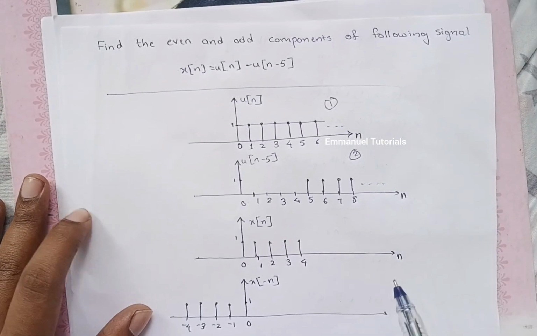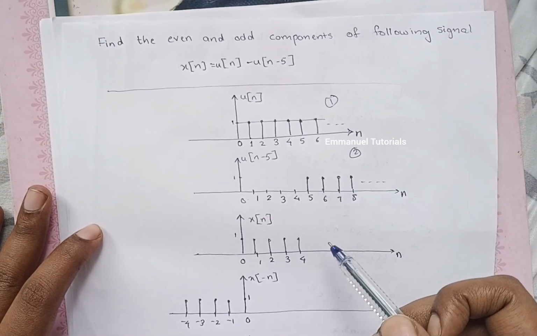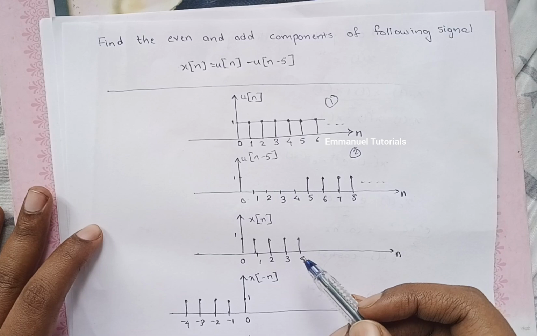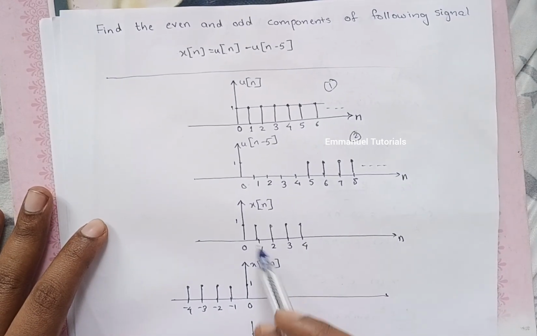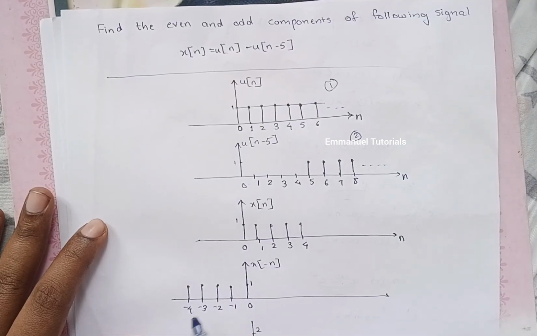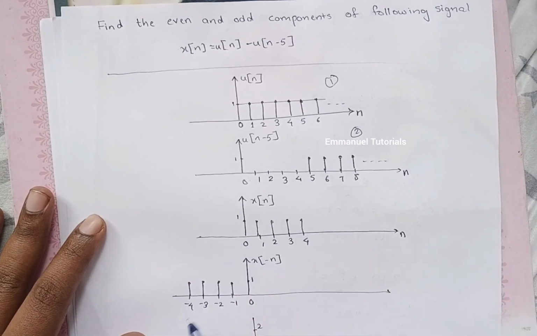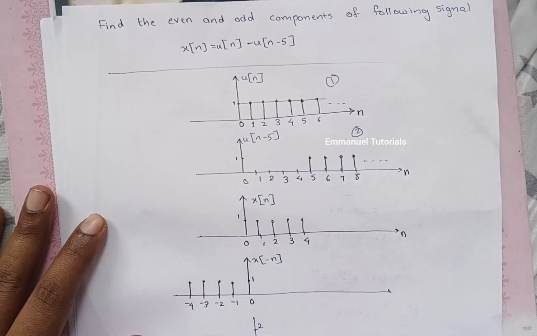odd components. Now you know that to find out the even and odd components, you also need the reversed signal. So that's what I've performed here, x of minus n. Just mirror it on the y-axis. So instead of starting from 0, the signal starts from minus 4 and ends at 0 with the same amplitude 1.